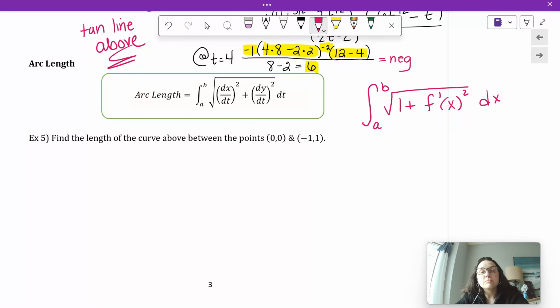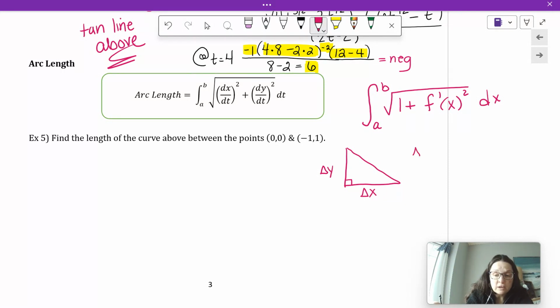If you want arc length in parametrics, it's seriously just the Pythagorean theorem. If you think about the Pythagorean theorem, and you might even want to draw this, this distance right here is a change in horizontal distance, also known as delta x. This right here is a change in vertical distance, also known as delta y.